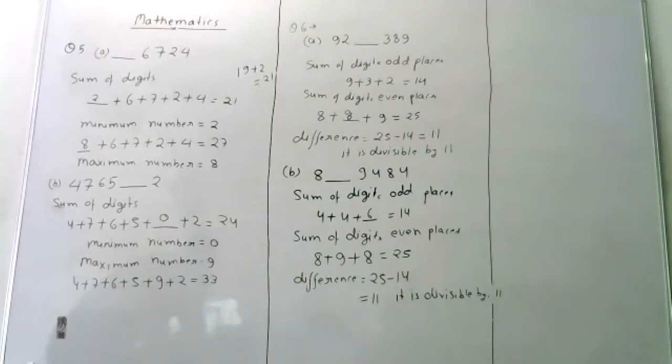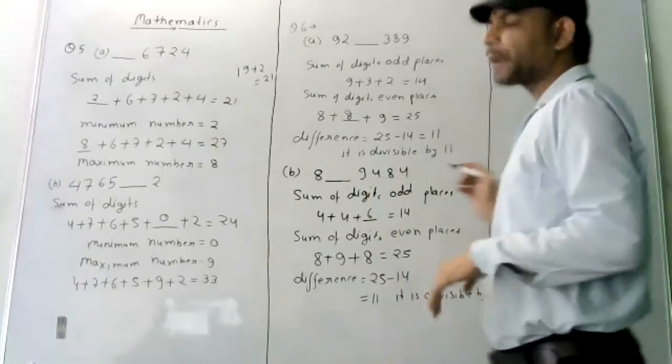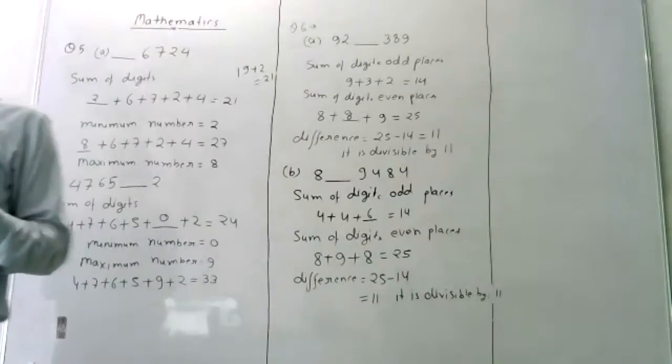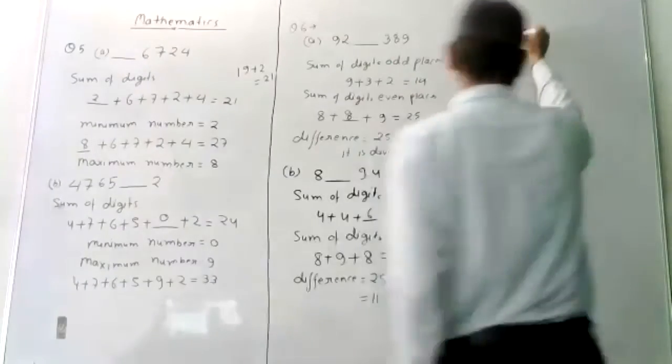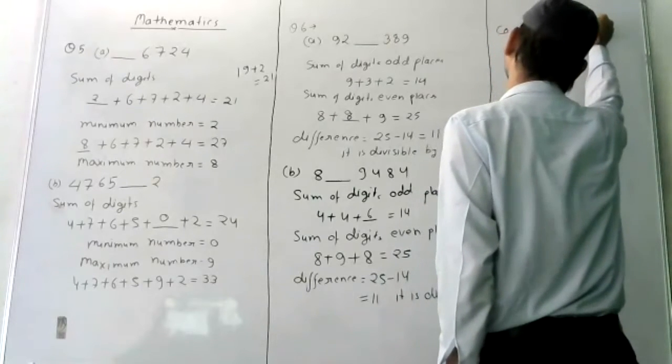Now students, the next topic is common multiples, the co-prime numbers. We will see about co-prime numbers now. So here, co-prime numbers.